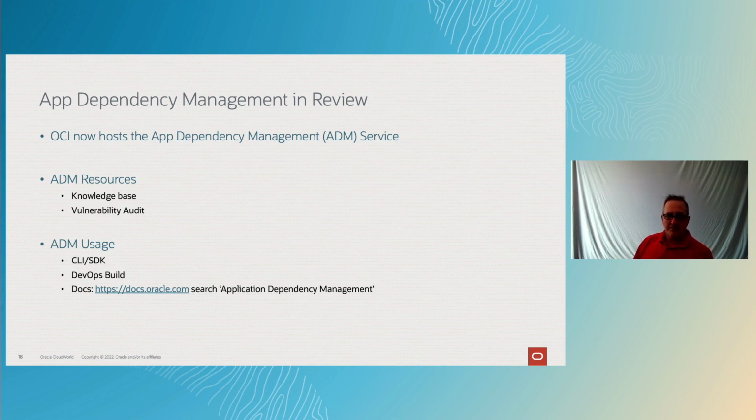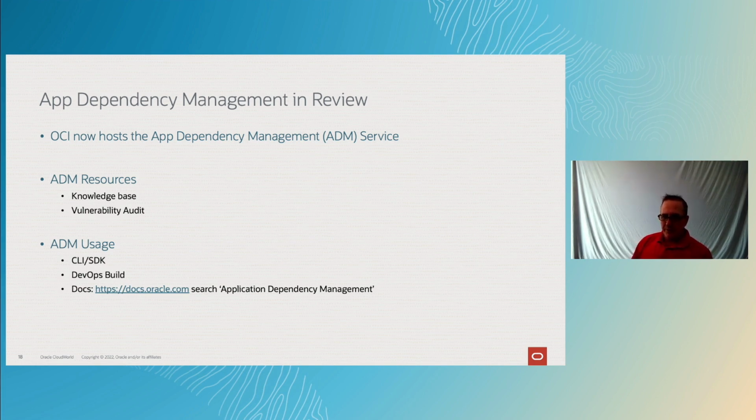If you're using DevOps build, we can integrate right there with the vulnerability audit step, and then you can gate your builds so your developers know immediately when a new vulnerability has come up that they should fix before they proceed, which is a great way to avoid having to deal with things near the end of the dev cycle.